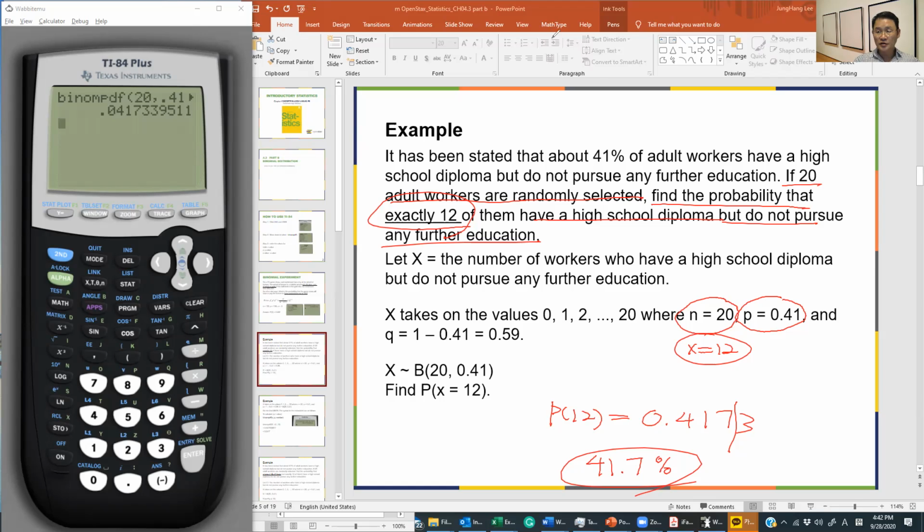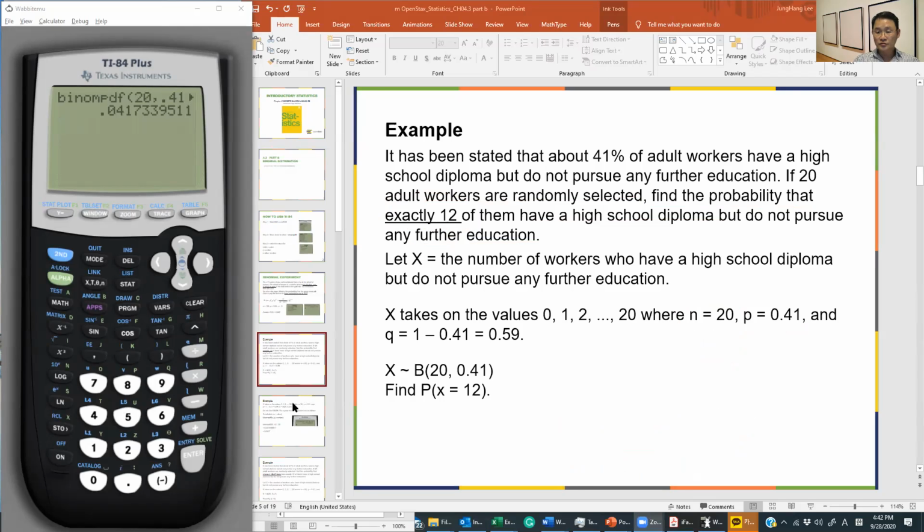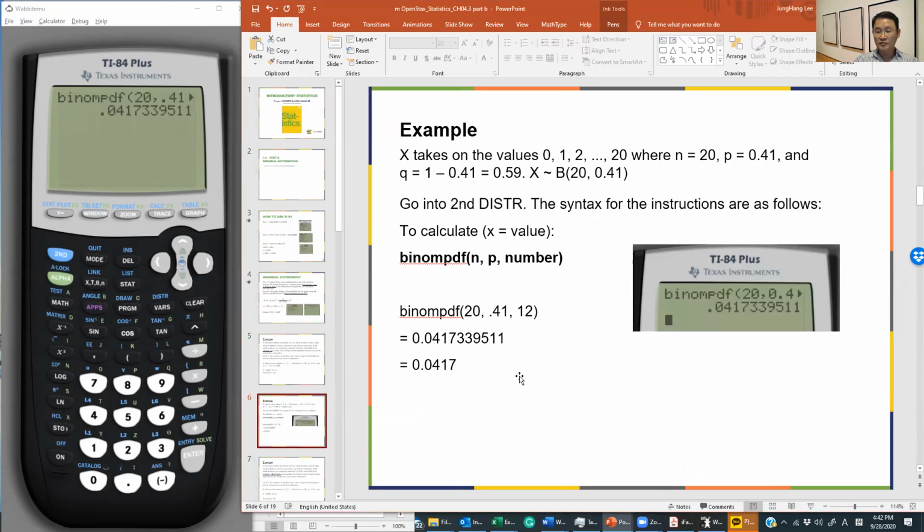Let me actually go to this one right there. Just like that. You go to binomial PDF. It's the exact same screen, and the exact same numbers, and I just showed you how to get there.